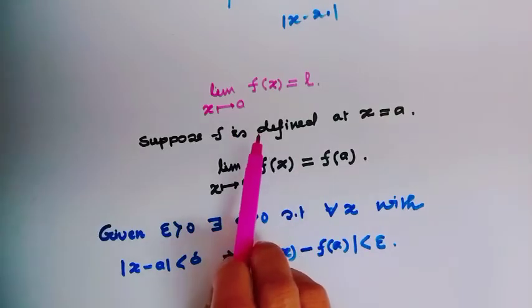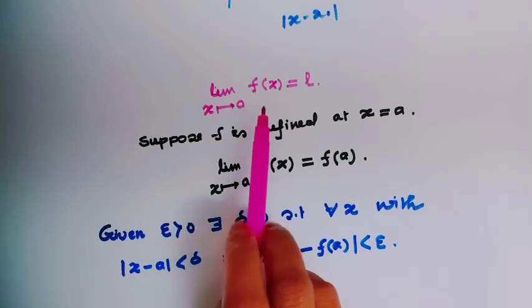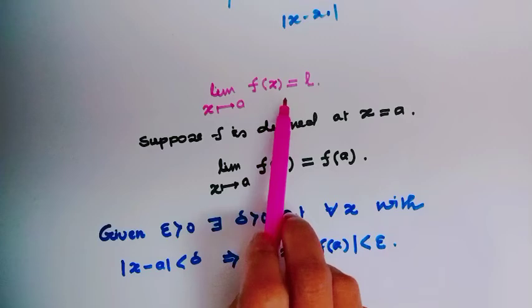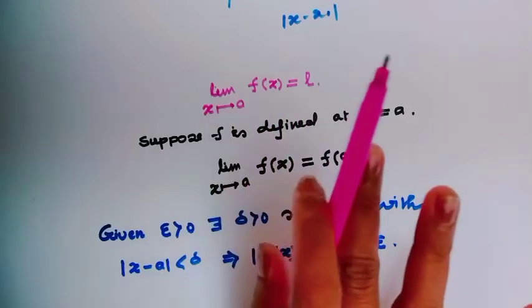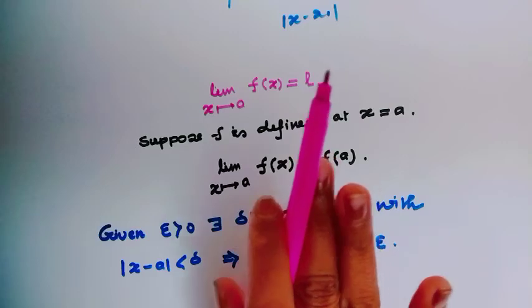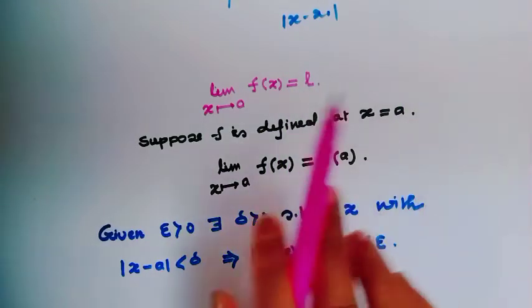Here I have been speaking about the limit. Limit x tends to a, fx equal to a. Here I don't restrict that fx is defined at x equal to a.